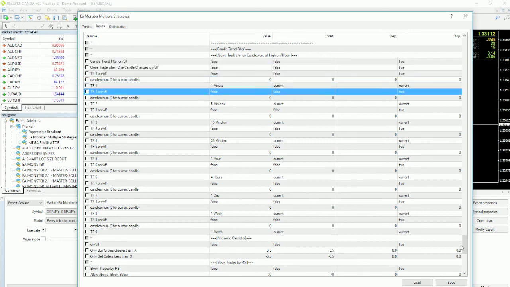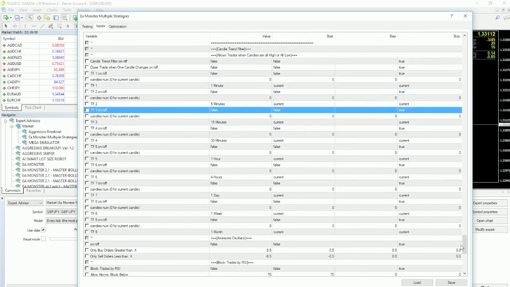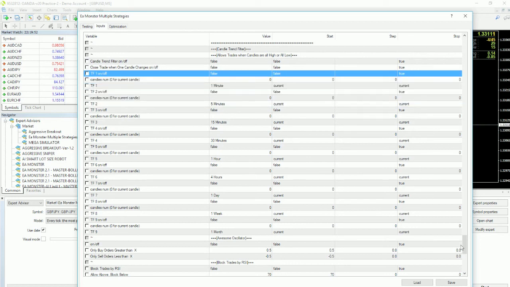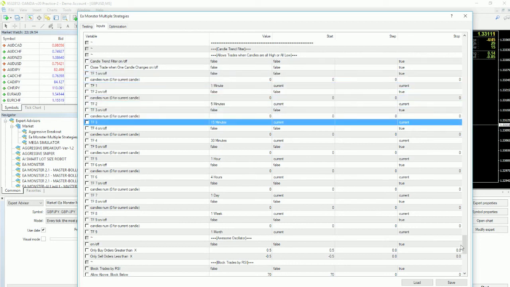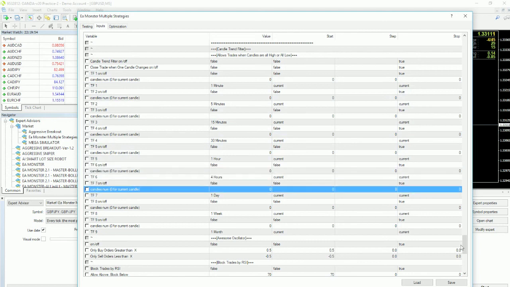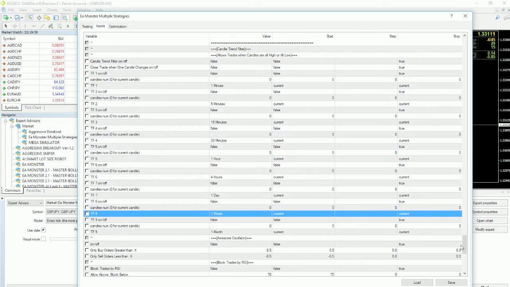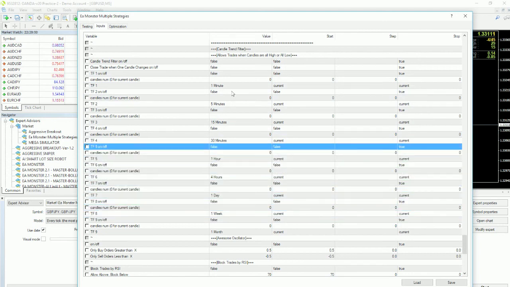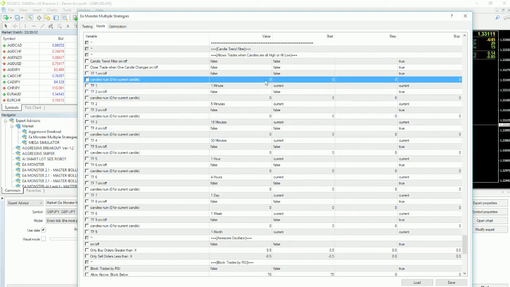Candle trend filter is, you have every time frame in here all the way up to a month. So if you were to have a 1 minute, a 5 minute, a 15, a 30, a 1, a 4, 1 day, 1 week, 1 month, of course you can enable as many of these as you want.